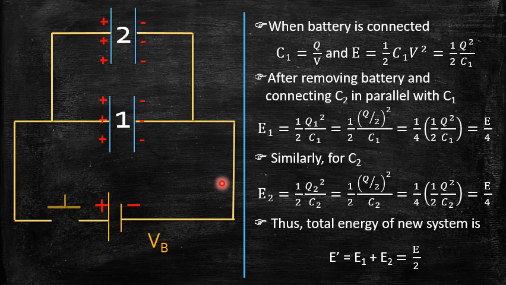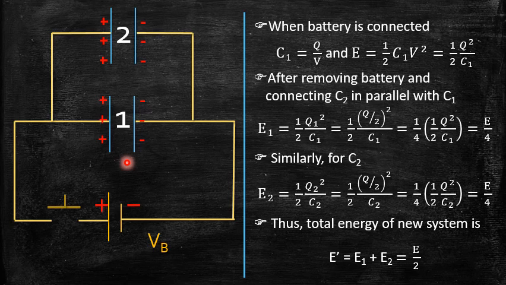Okay, so the new energy of the system is half of whatever was the value earlier with a single capacitor. So we can say that earlier, if energy is 1000 microjoule, after the parallel combination, the energy of the system becomes 500 microjoule. Okay, so the difference of energy is E by 2. And does it mean that the energy is lost? Actually, that is not fair if we say that energy is lost.